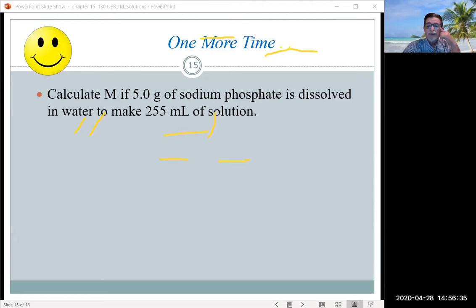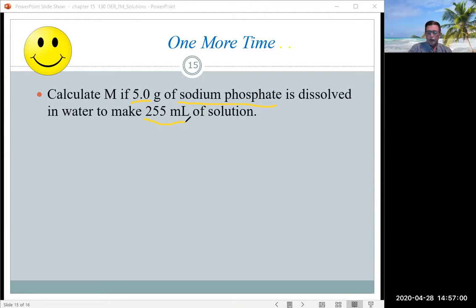Now in this case here, they're asking you, calculate the molarity if 5 grams of sodium phosphate is dissolved in 255 milliliters of solution.